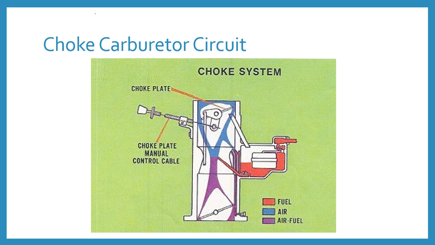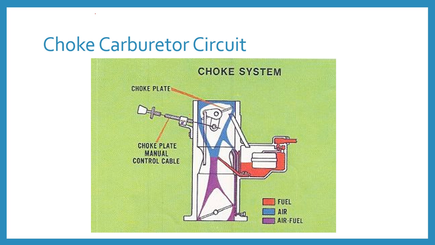As discussed earlier, the choke circuit consists of a choke valve, which is placed in the air horn of the carburetor above the venturi.